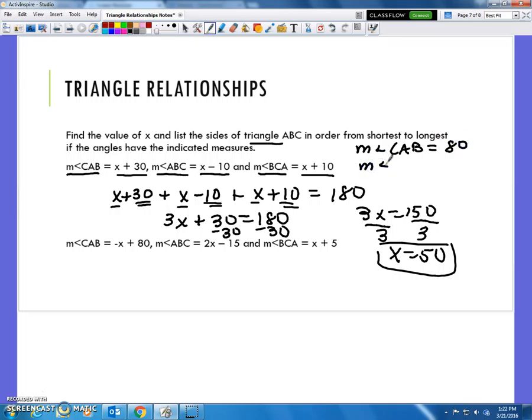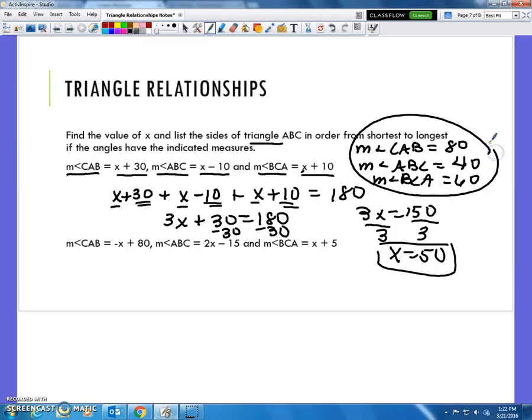The measure of angle ABC will be equal to 50 minus 10, which is 40, and the measure of angle BCA will be equal to 50 plus 10, 60. If you add those angles up, you would get 180 degrees total. Those are my angles. This is my value, but again, I still haven't answered the question.